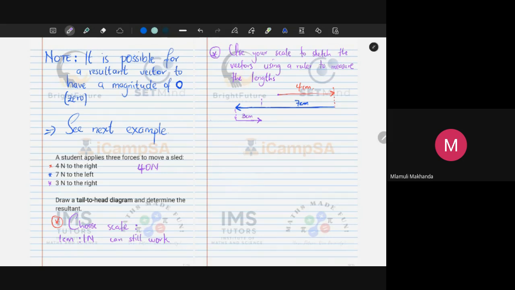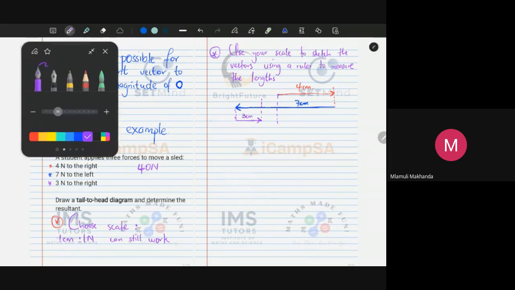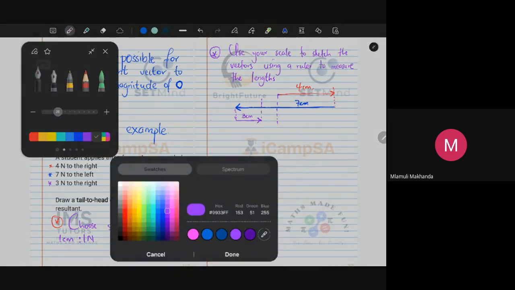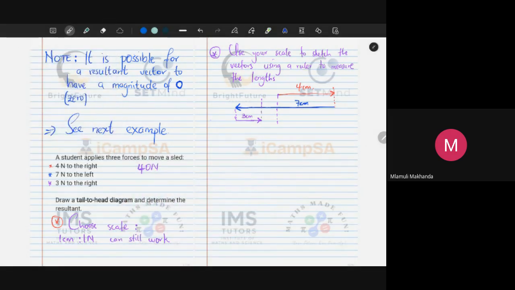So it should move from the tail of the first to the head of the last. That would be your resultant. Which color can I use? Let me use black. From the tail to the head. That is your resultant vector.